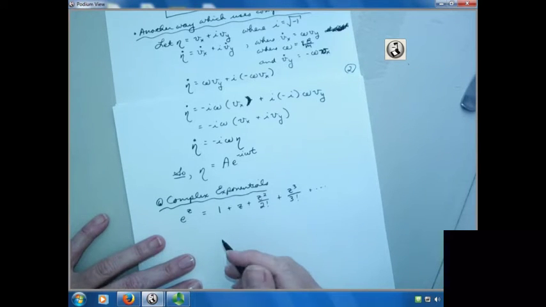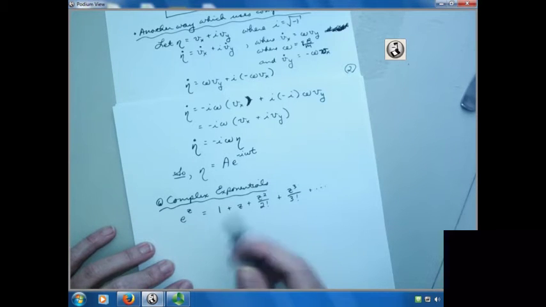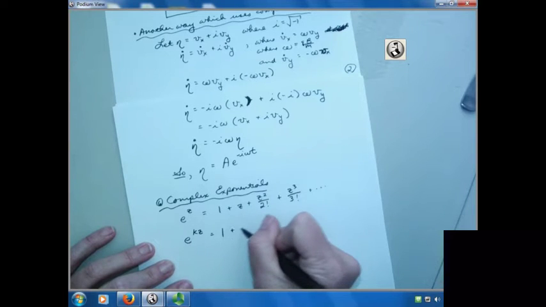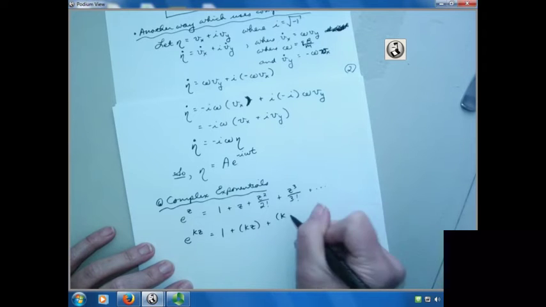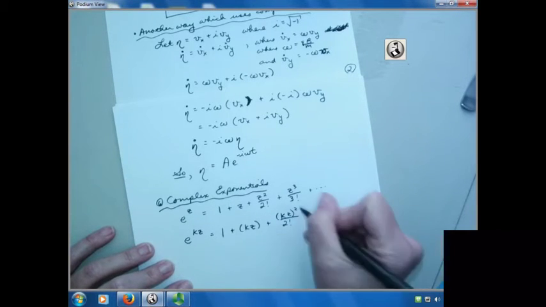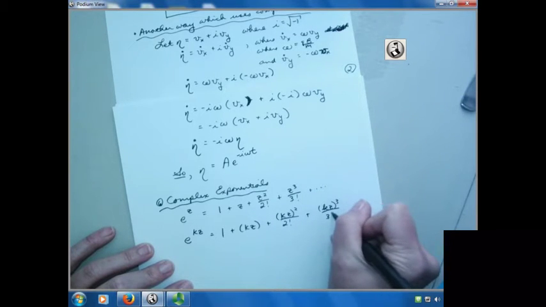Okay, so in this case, let's say that I want to think about e to the kz. I've got 1 plus kz plus kz quantity squared over 2 factorial plus kz quantity cubed over 3 factorial plus and so on.